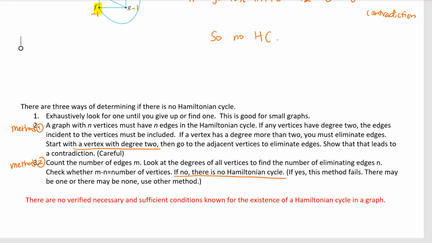And if all the vertices have even degrees, we know there must be an Euler cycle. So you just find one Euler cycle in that case. So let's continue in the next video. See you soon.